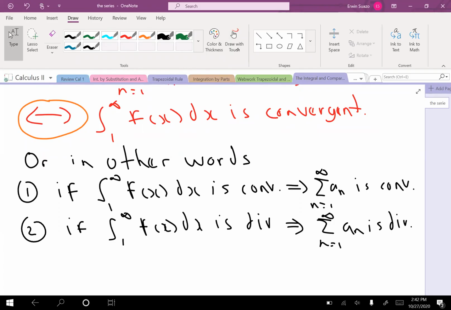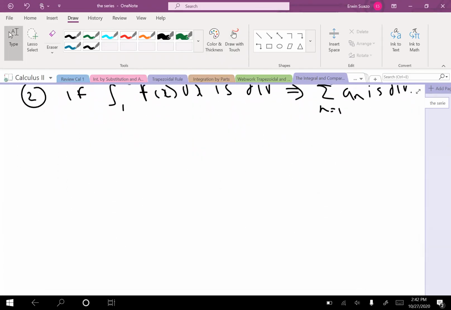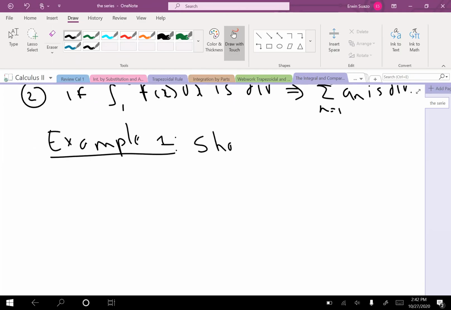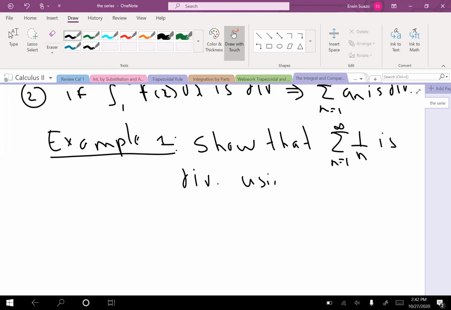Okay, so using this, we're going to do 2 examples. And please do yourself a favor and do these examples, okay? This is fundamental. So example 1. Show that the sum from n equals 1 to infinity is divergent using the integral test.